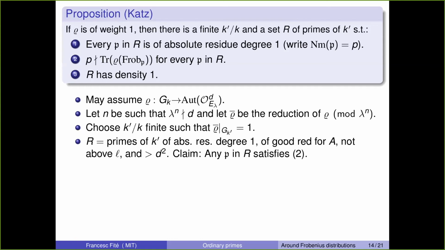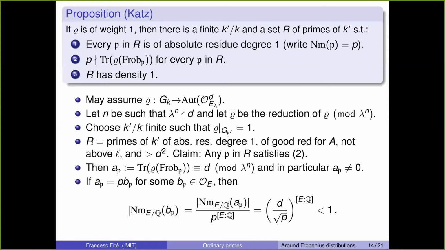And then I claim that this is the set that will satisfy the crucial property 2 in Katz's proposition, so the one that its norm P will not divide the trace of Frobenius.